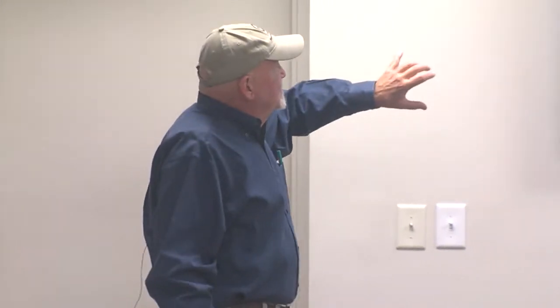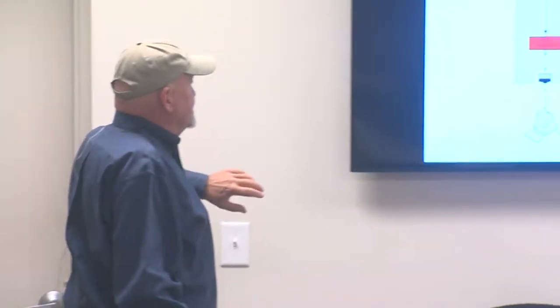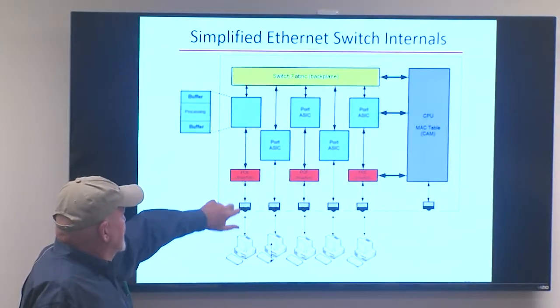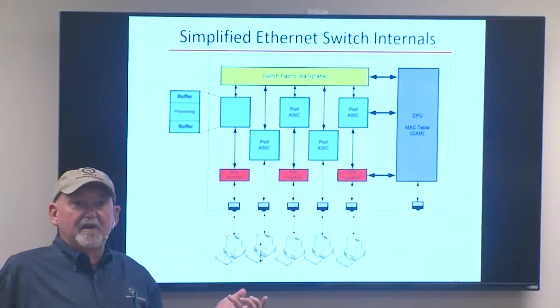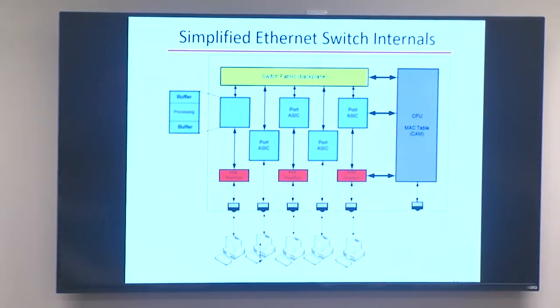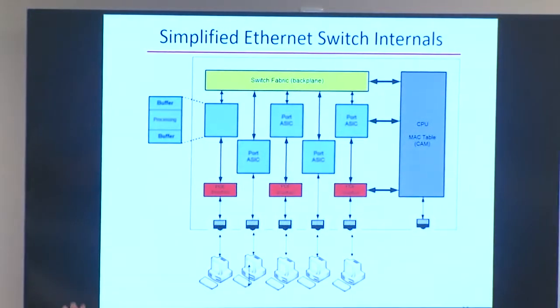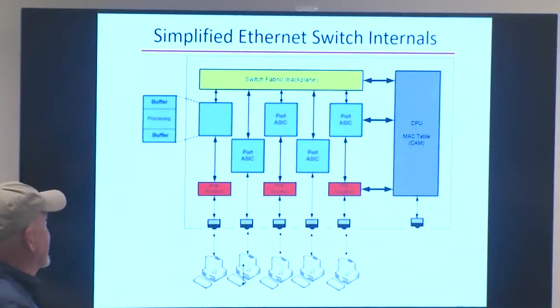But what you will find is, again, a host connected to a port. We talked about maybe we have PoE capability. If we do, we have to inject that DC voltage, so we've got to have some electronics to do that.